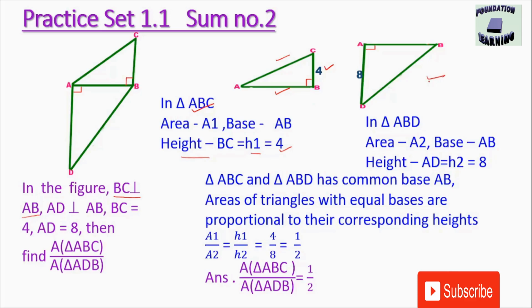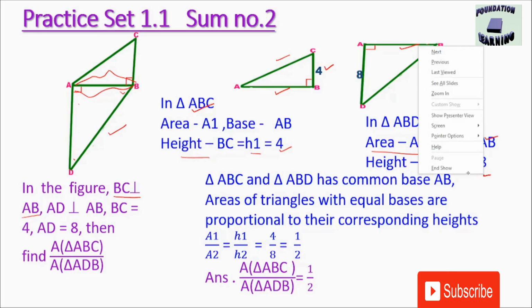Now the second triangle, which is below, that is ADB. Area is A2, base is AB again. You can see the base is common for both triangles. Height is AD, which is H2, and the measurement is 8.